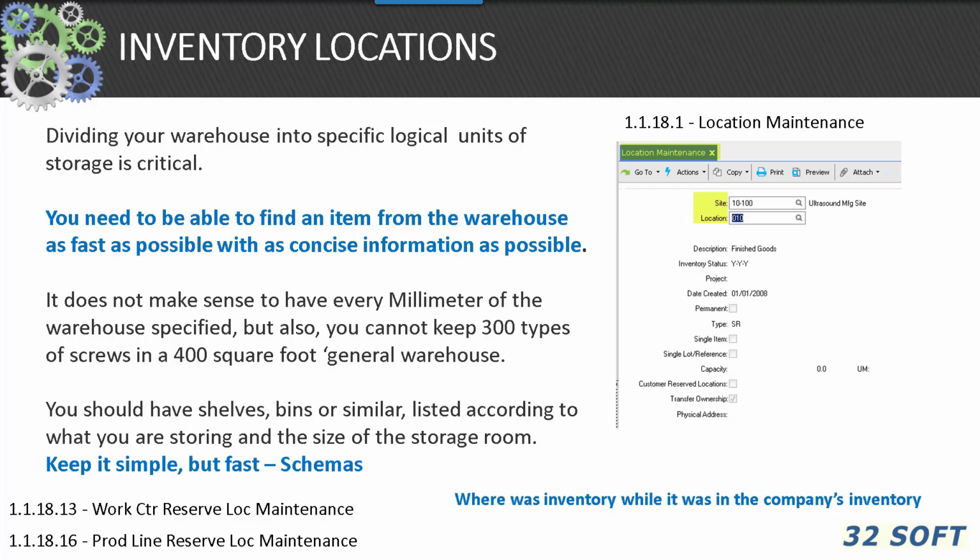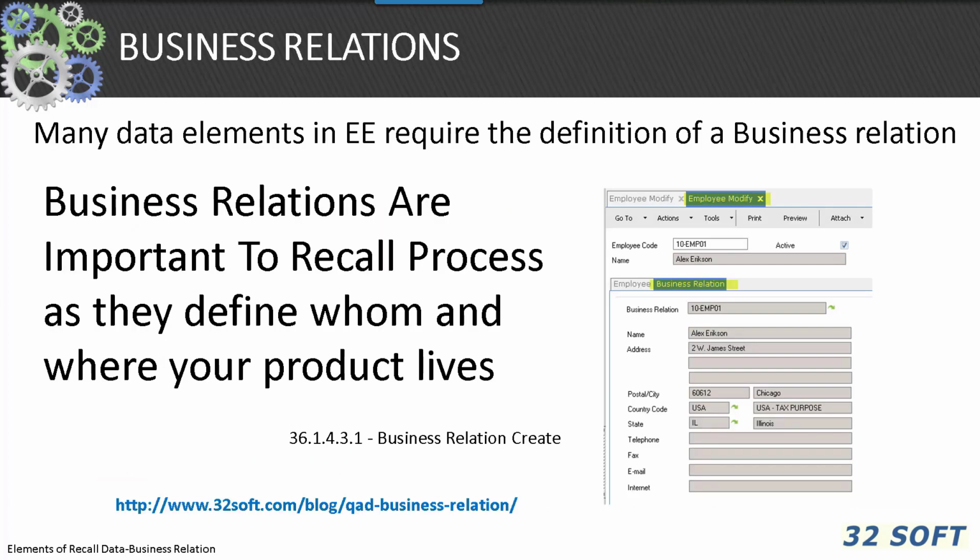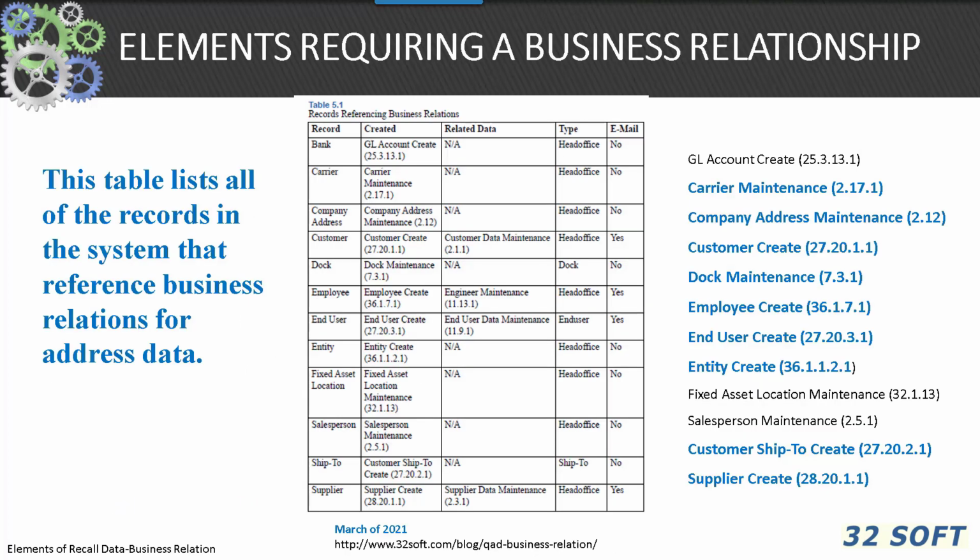Putting your warehouse into specific logical units is critical control, but you have to be cautious. Business relationships are important to recalls because they define where and with whom your product lives. Business relationships are attached to entities such as customers, suppliers, end users that are a single point of entry for address, tax, and contact data.